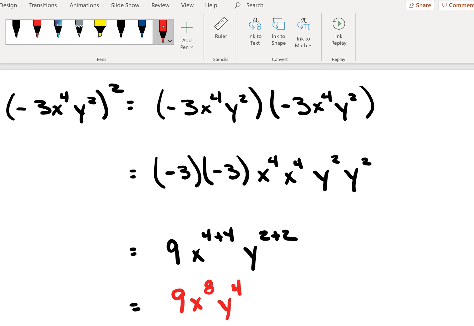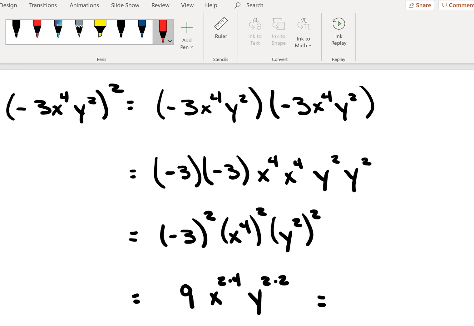So let's look and see how we could have ended up with this from a couple of slightly different ways here. When we look at this, we can go back a single step and we can actually regroup and extract our exponent rule from this.